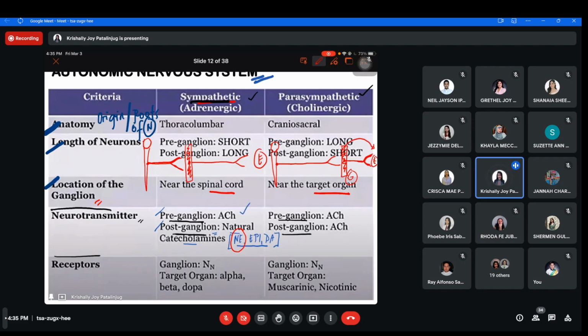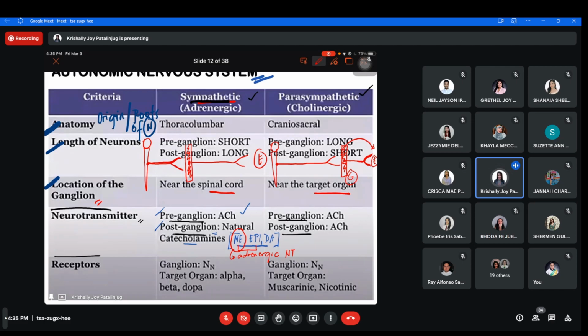Okay ha? And take note, both norepinephrine and epinephrine, these are considered adrenergic neurotransmitter. Both norepinephrine and epinephrine are termed as adrenergic neurotransmitter.